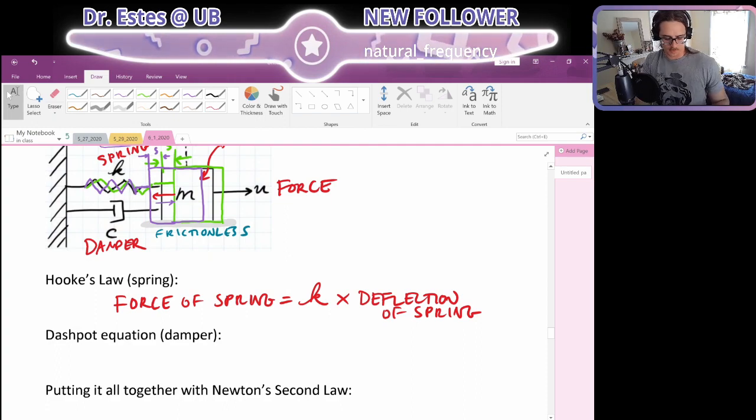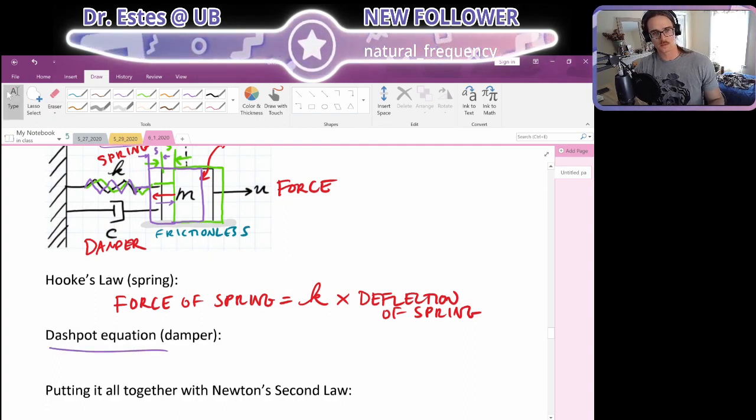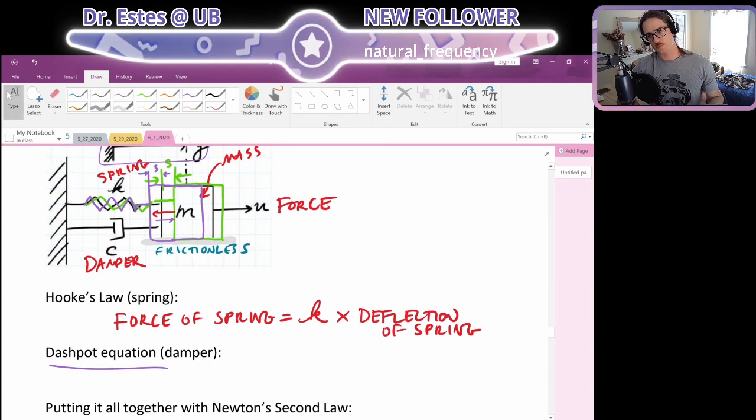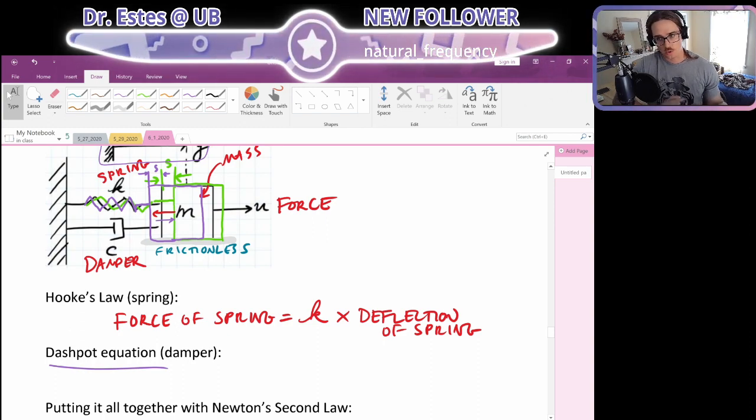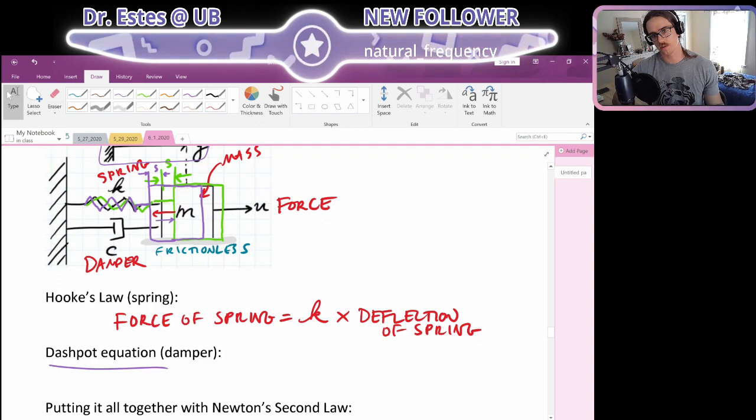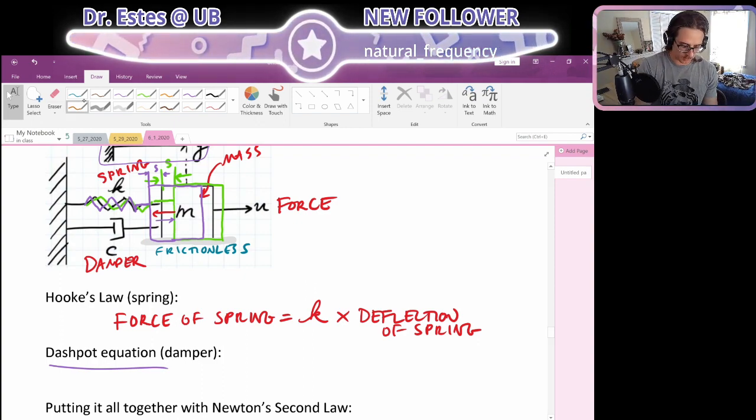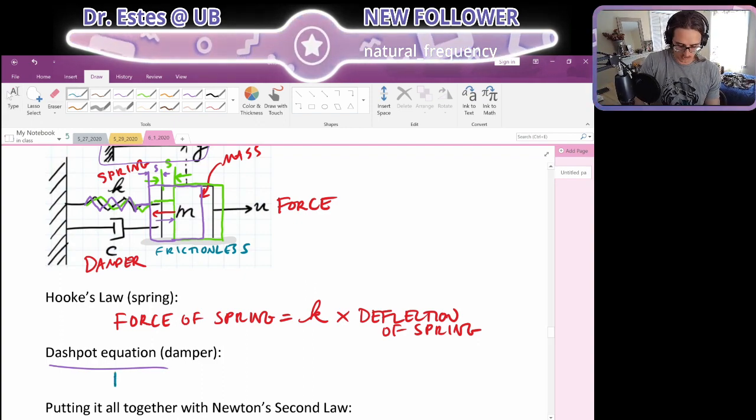Okay, let's move on to the damper. So this works similar to the spring, but the force that it creates is proportional to how quickly you compress the damper. So it's proportional to velocity.